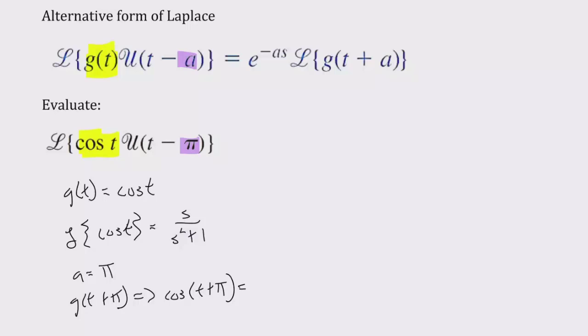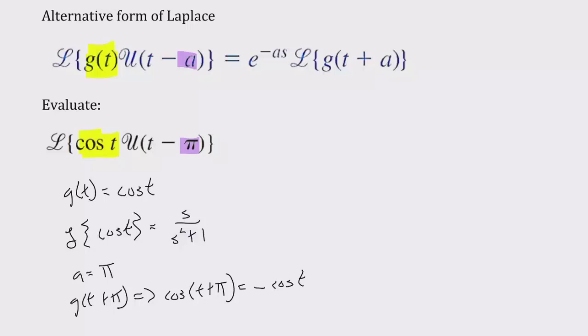And that's actually an identity from trig days. We can break that up into the addition of cosine formula and simplify that down, but we end up essentially getting a negative cosine of t on that.